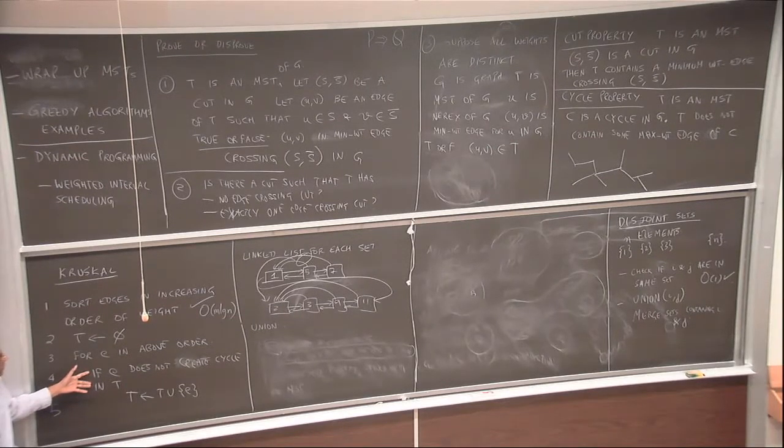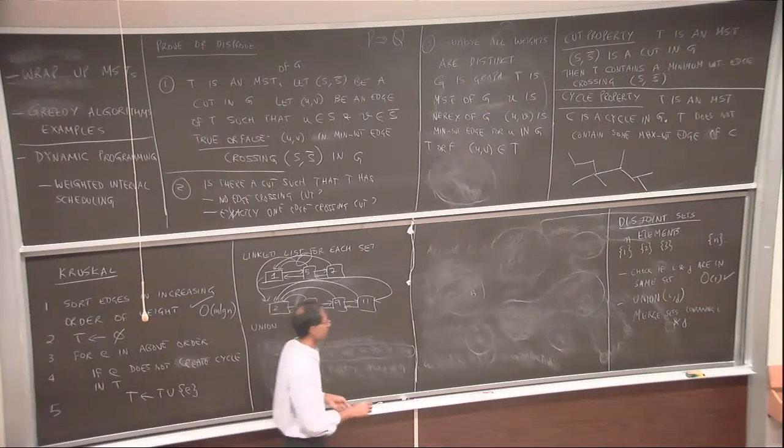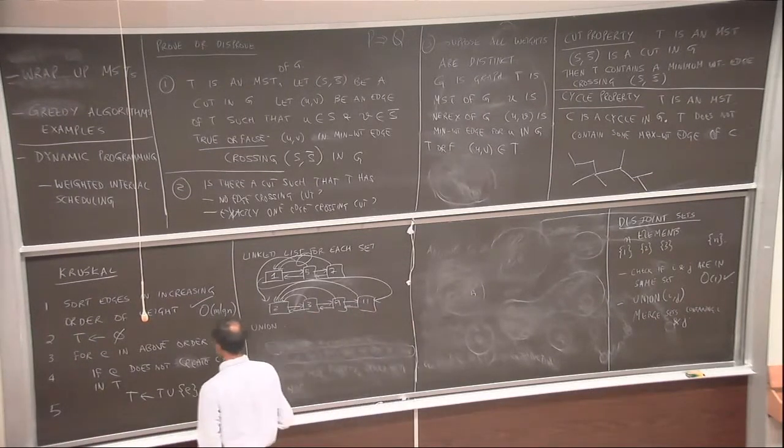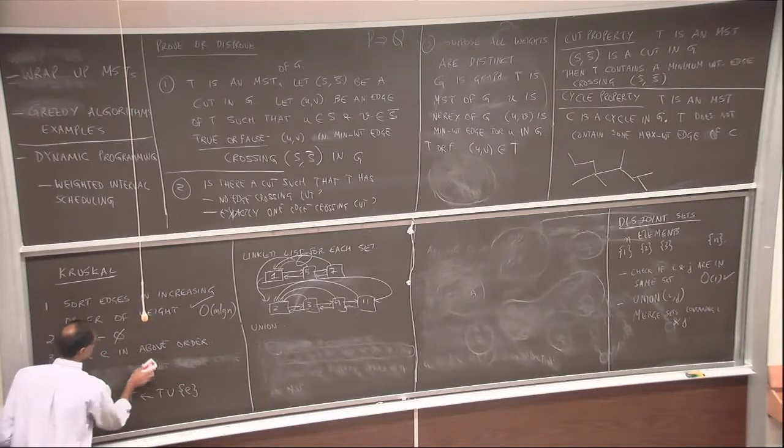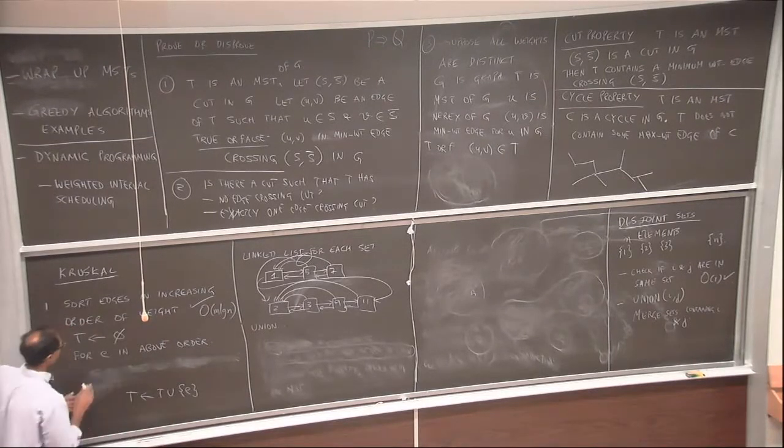So how does this translate to what we want? When I'm asking whether E finds a cycle or not, how do you find out? Let's say E is the edge UV.